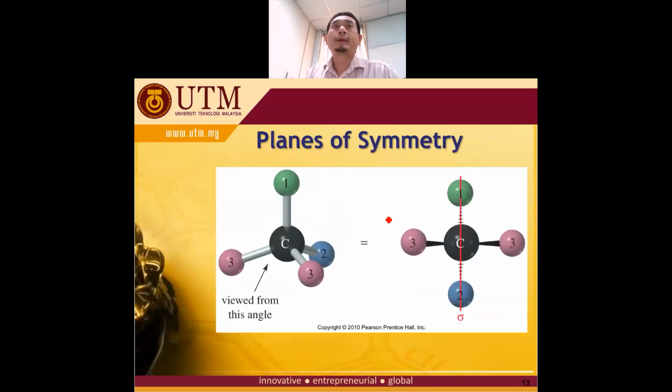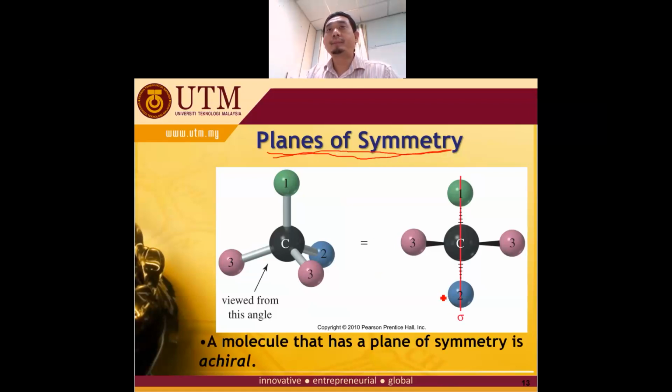The next term is plane of symmetry. What is a plane of symmetry? If a molecule has a plane of symmetry, it's achiral. It means a plane that we can add, where the left and right sides are exactly the same, so we can say it's achiral.